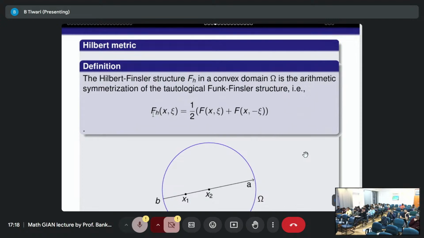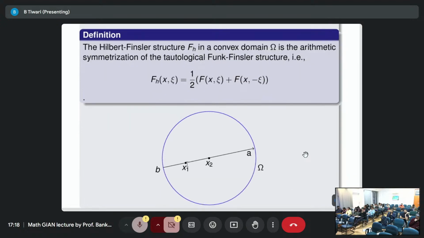And here you can see the symmetry comes in. If you take x1, x2, and suppose the ray from x1 to x2 hits the boundary at the point A, and the ray from x2 to x1 hits the boundary at the point B, both points A and B will appear in the formula of the distance.